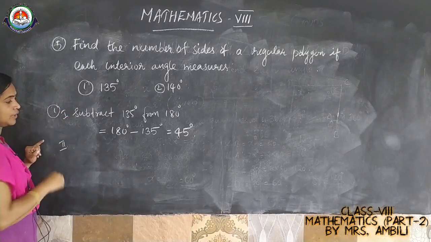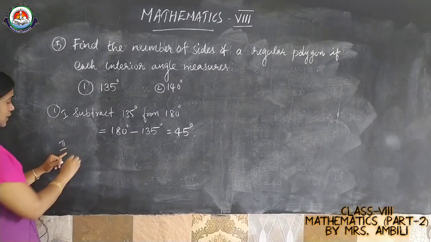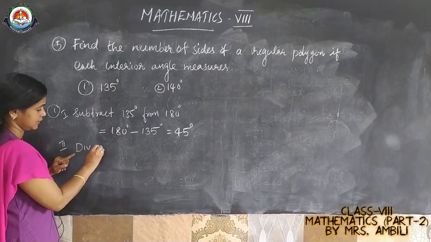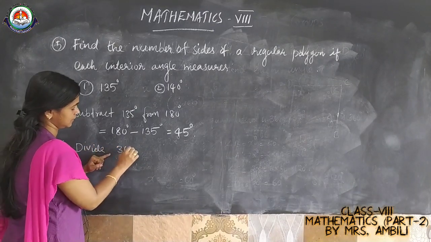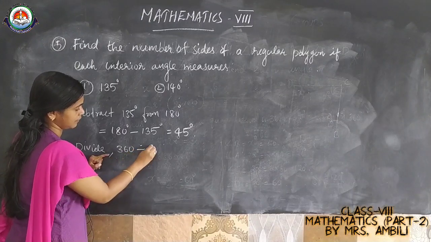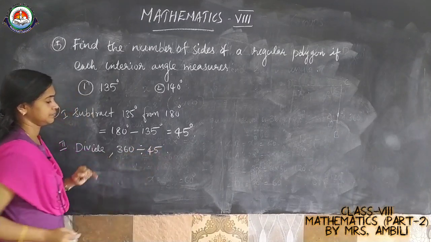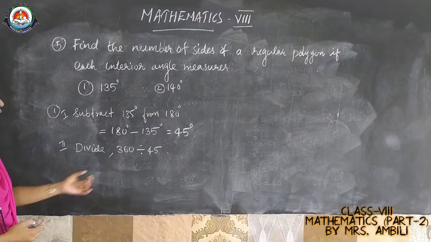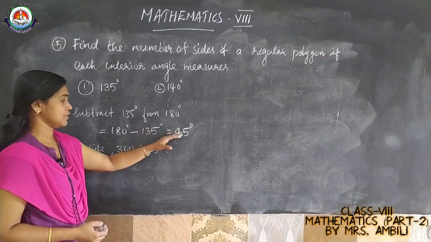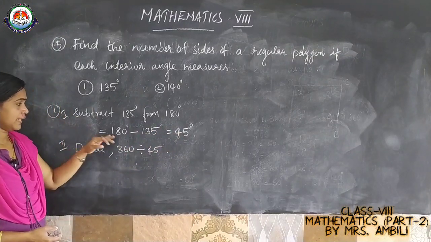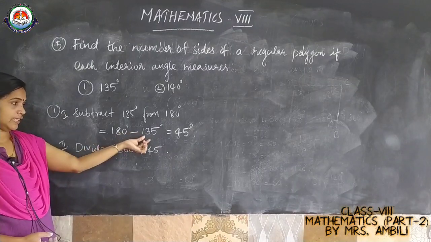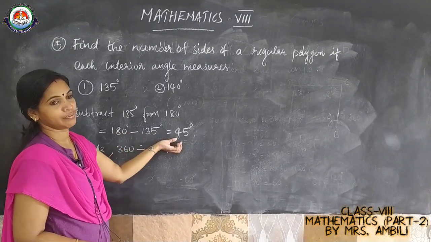Secondly, you need to divide 360 divided by 45. So after subtracting 135 from 180 you got 45 degree.